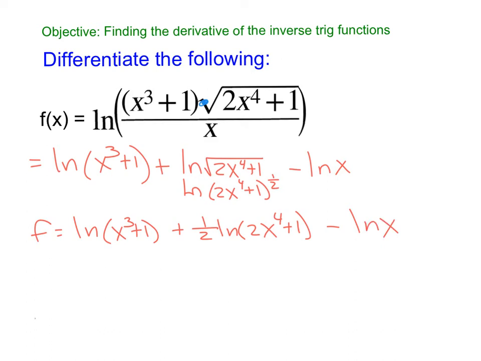So normally using those properties makes things so much more difficult. In this case, our answer is so much easier to do. The derivative of this is significantly easier than the original. So in ln, x cubed plus 1 goes in the bottom, derivative on top.